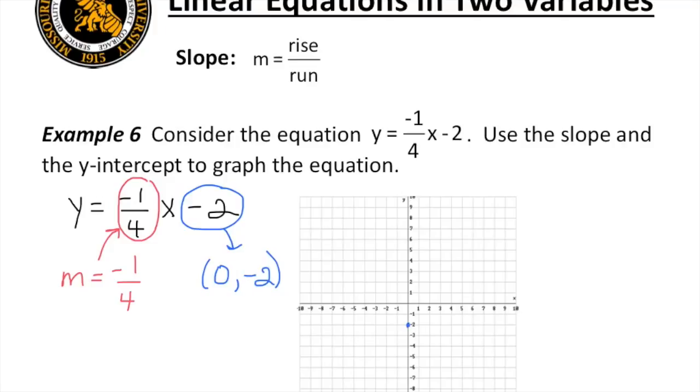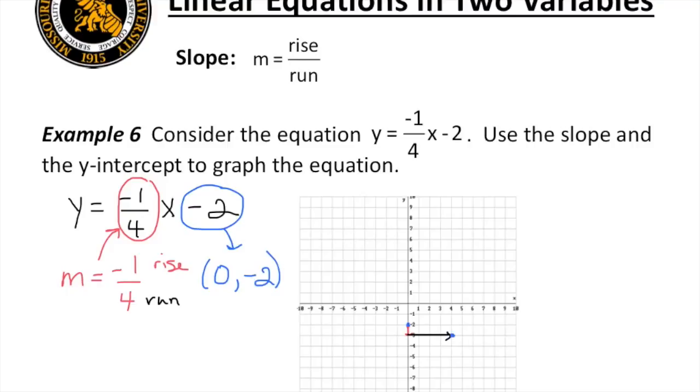The numerator of our slope gives us our rise. Since it's negative, that tells us from our y-intercept we're going to move down 1. Since our denominator is positive, our run will be to the right 4 units, locating a second point on our line at 4, -3.